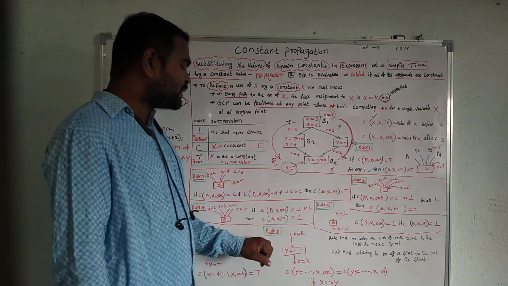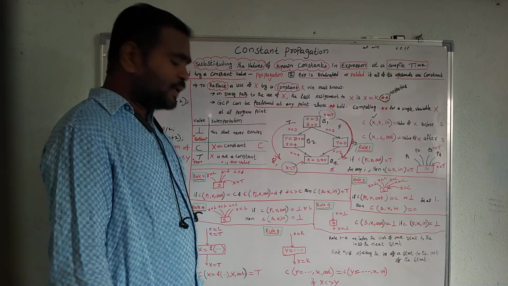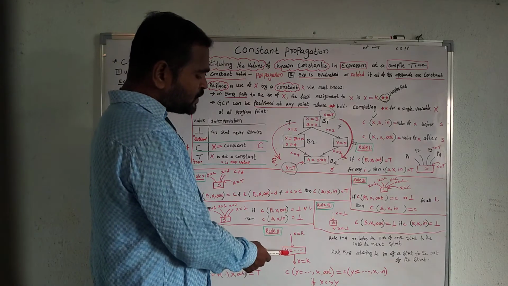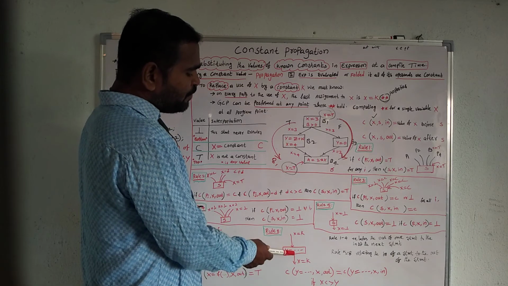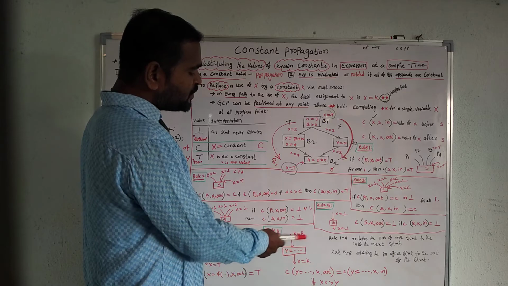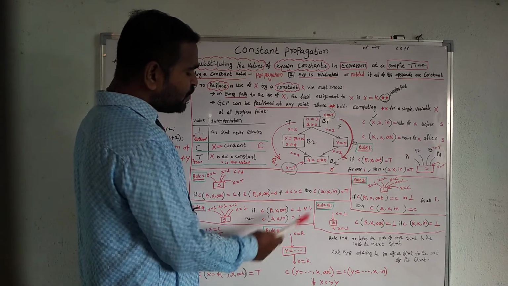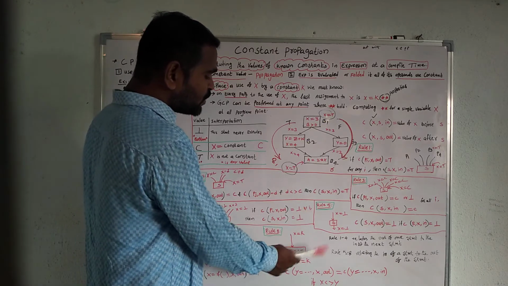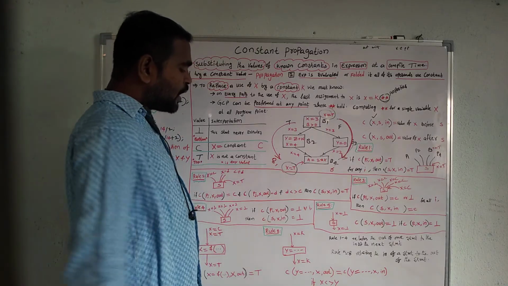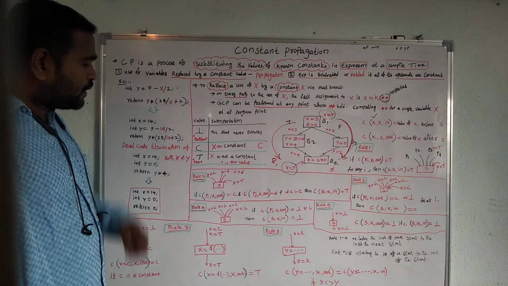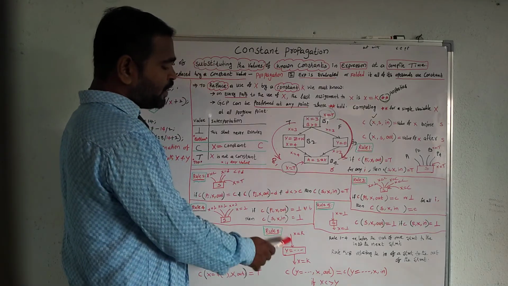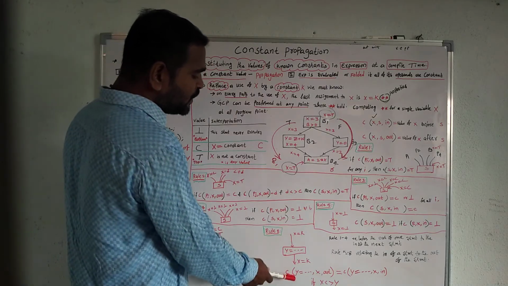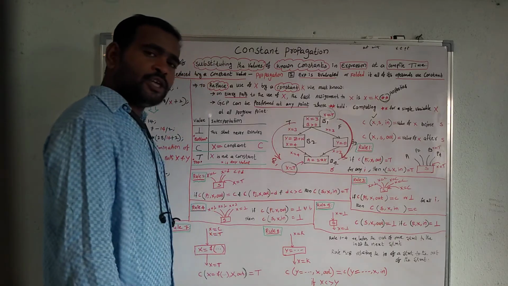And rule number 8. What is rule number 8? Here we have y is equal to something. At that time what happened? Before this statement evaluation x is equal to k, and after evaluating this statement x is also equal to k. That is called rule number 8. There is no change before and after. So please observe this constant function here.